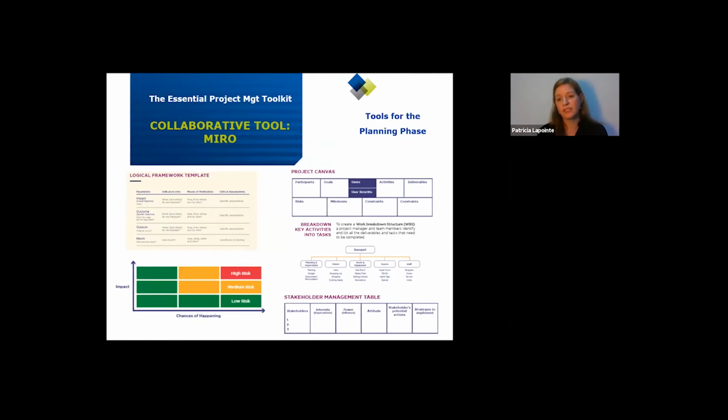A project canvas looks into who the user is, what they are going to benefit, what the risk is, what the milestone is, and so on. So similar to the logical framework, but in a canvas design. Of course, every project, and we'll see now that we've talked mainly about the PMI or Prince2 traditional projects that are done on a large scale, we need to be proactive.